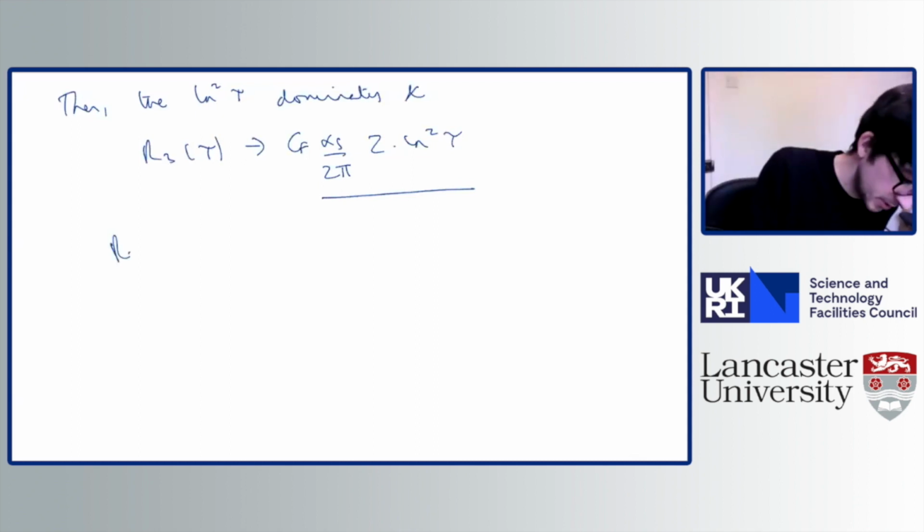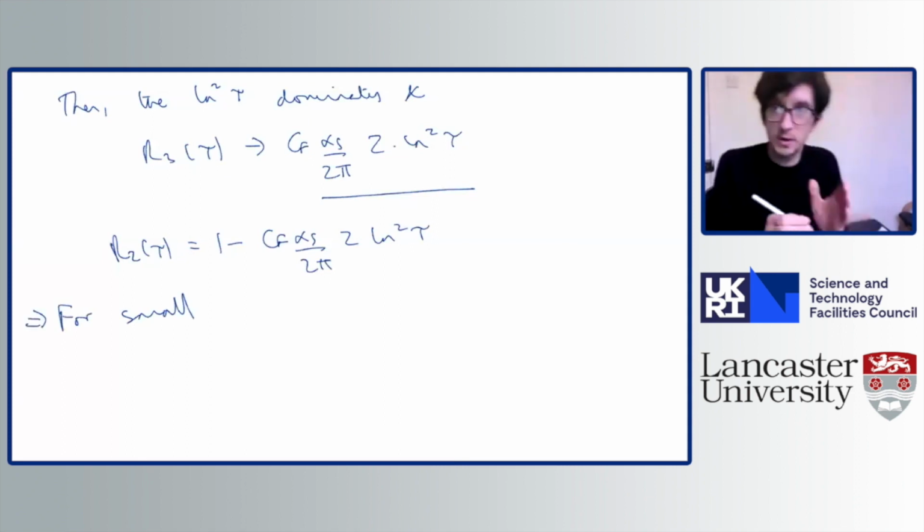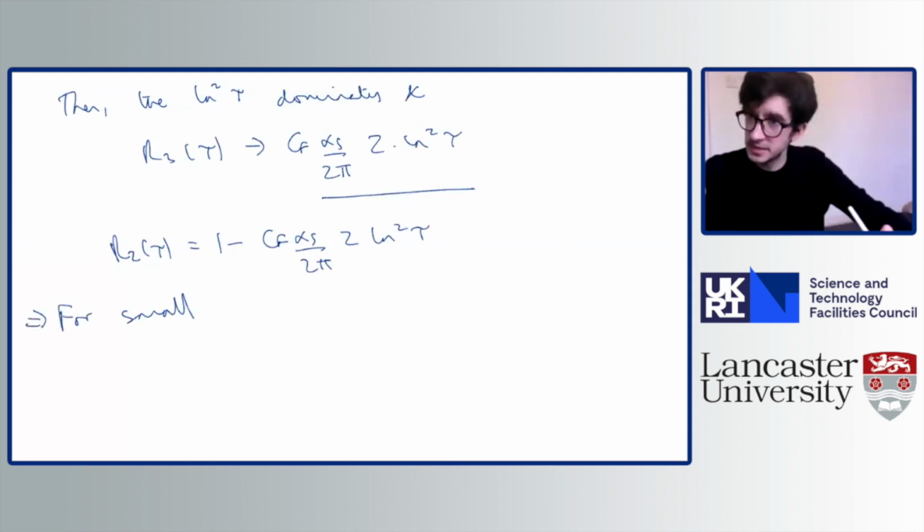And R2 is just 1 minus that, so 1 minus C_F alpha_s over 2 pi times 2 log squared tau. I'm just considering how it looks in the limit that tau becomes small.